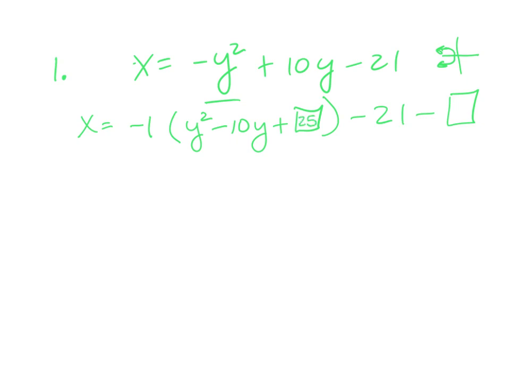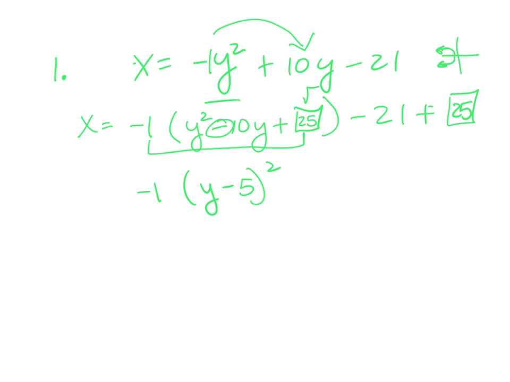So what I'm really adding here is -25, -1 times 25. So now I have to add 25 to the other side. Okay, so now I have the -1, leave it there. You could put negative, but I would put -1 because it'll come in handy later. (y minus 5) squared plus 4 equals x, using the square root of 25, which is 5, and that is in vertex form.